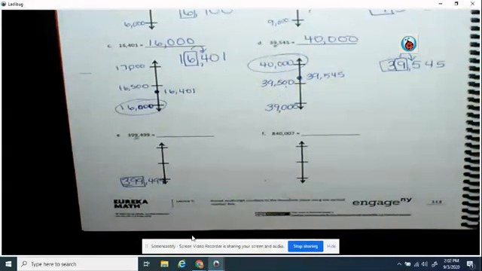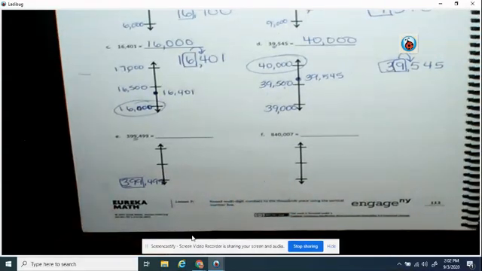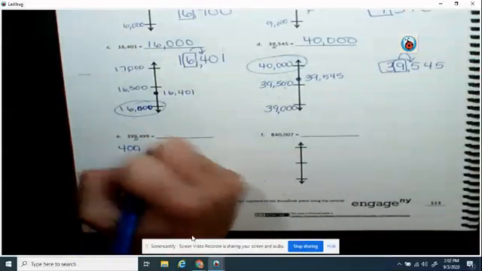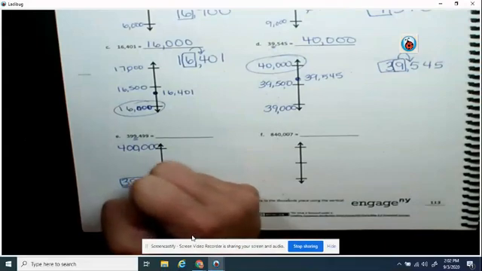I'm not going up 100,000. I'm not going up 10,000. I'm only going up 1,000. So I'm adding 1 to 399. When I add 1,000 to 399, I'm at 400,000. Miss Collins did it again. These are supposed to be zeros.